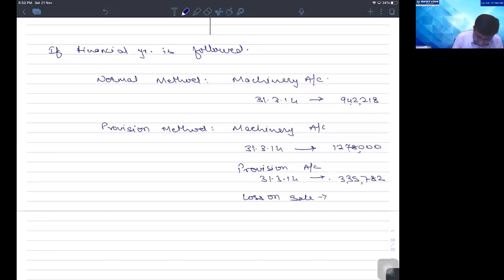So it will be 16,601. The loss on sale of asset 16,600 or 16,601.